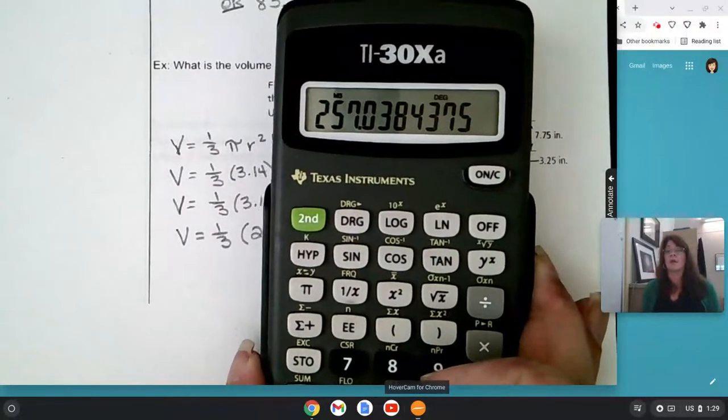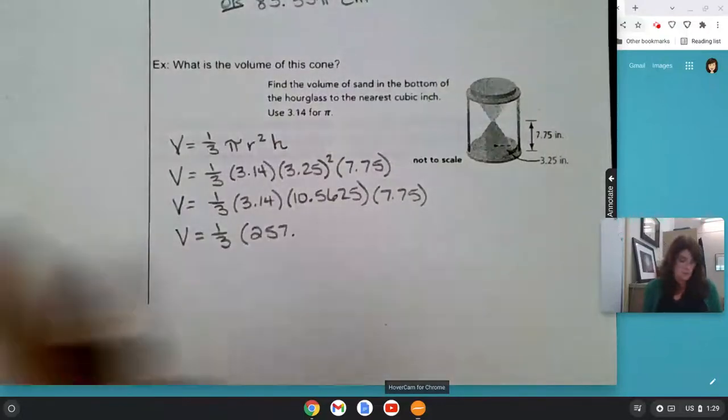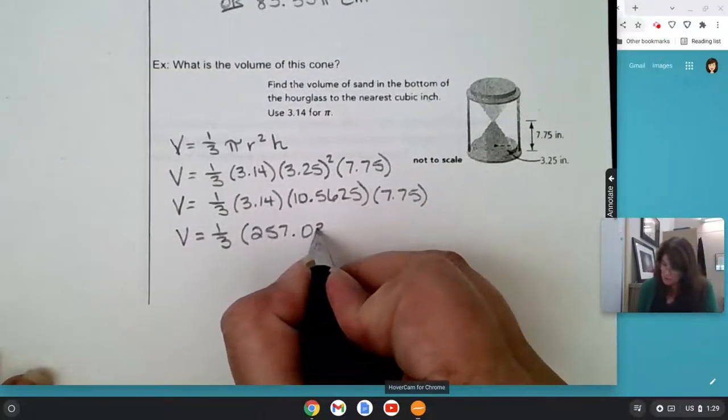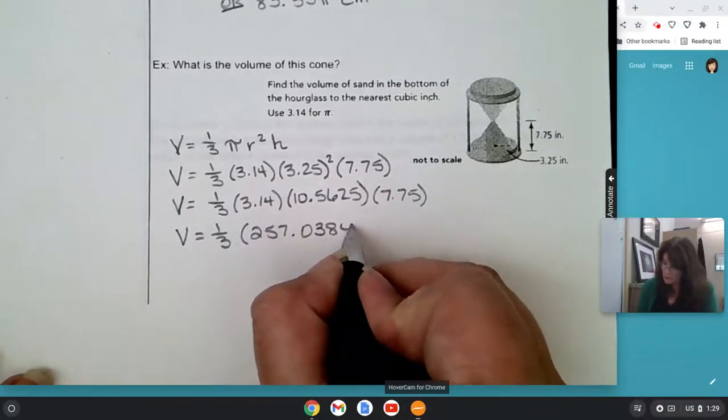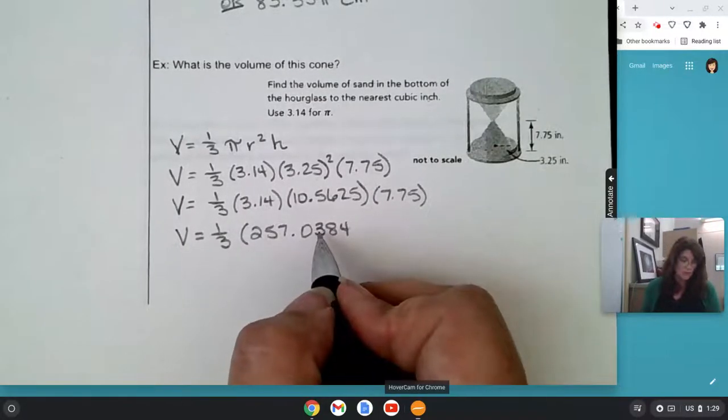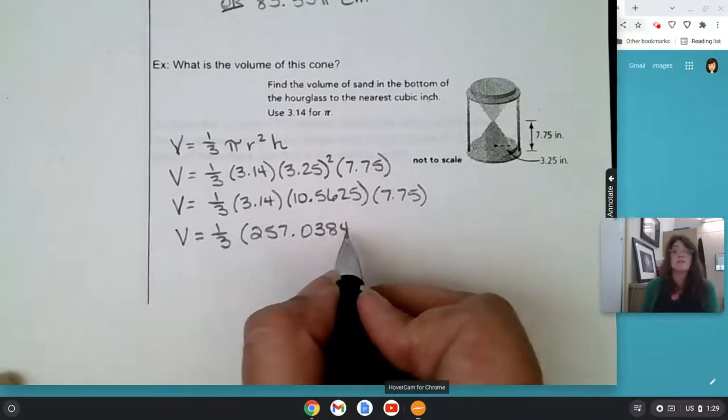Okay, I'm just copying onto my paper. 0.384. Remember I said we could just go out 4 digits? That's fine.